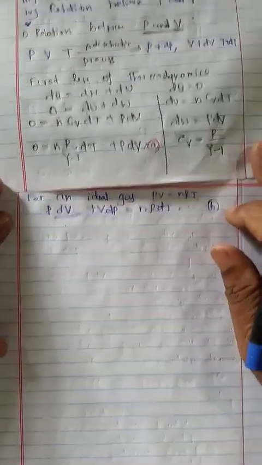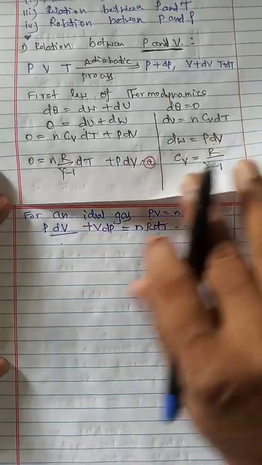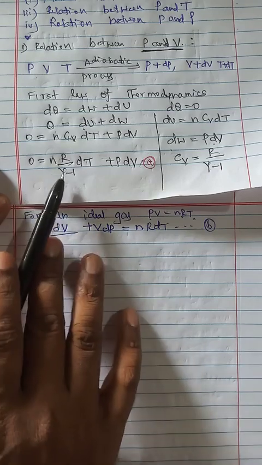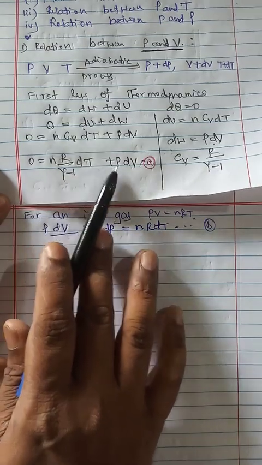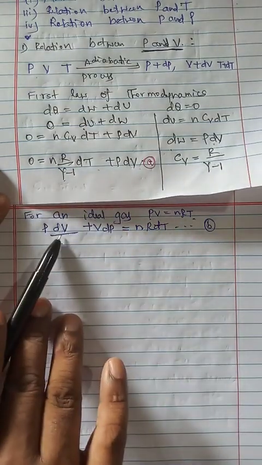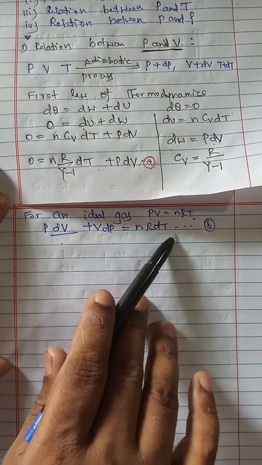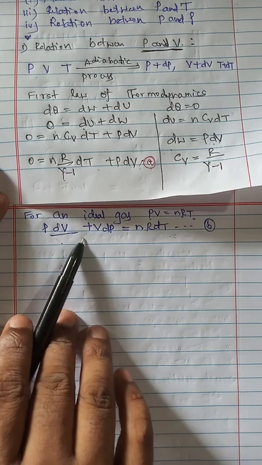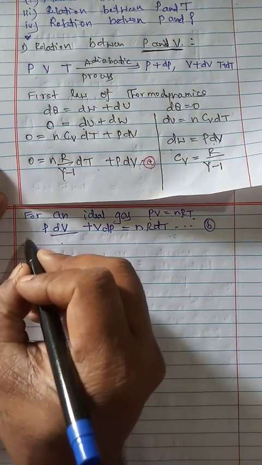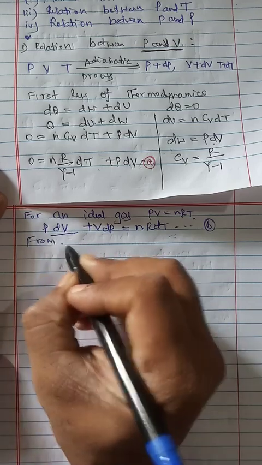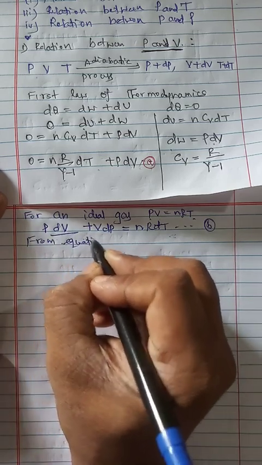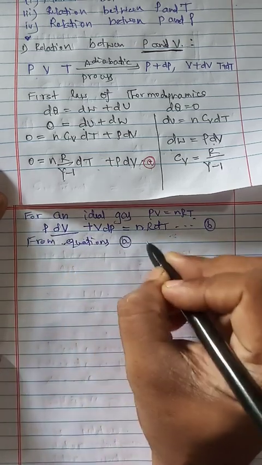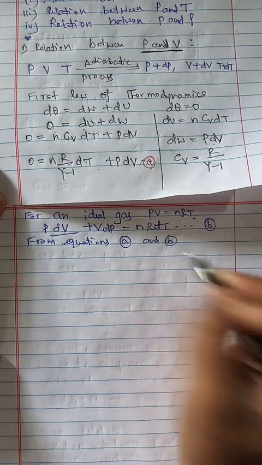In the previous equation, children, we got 0 is equal to nR divided by gamma minus 1 dT plus P dV. Now our duty is, from equations A and B, I think you are following.